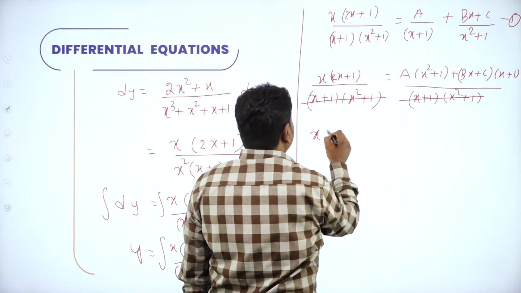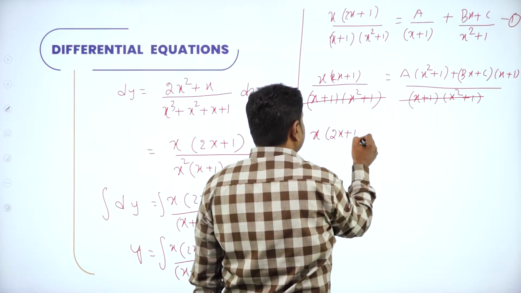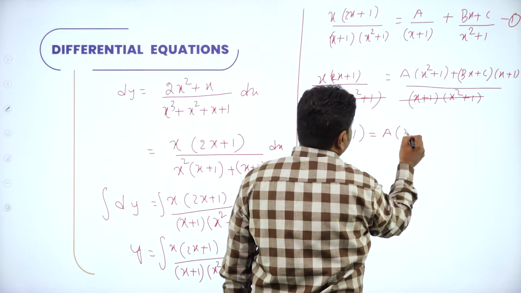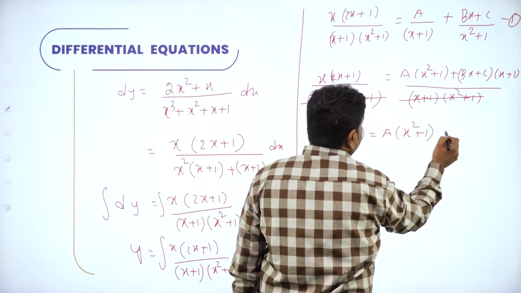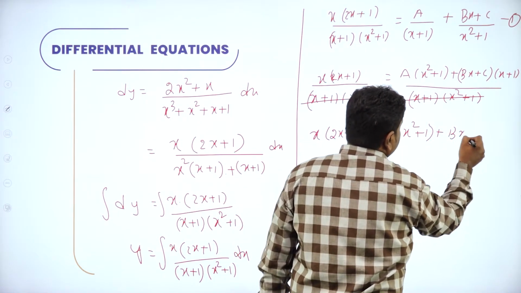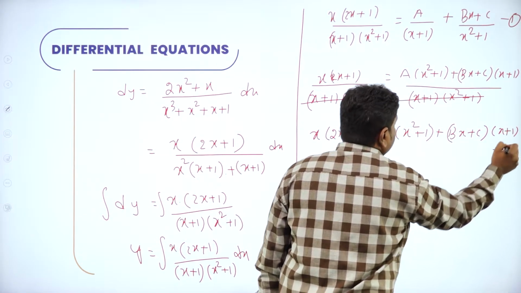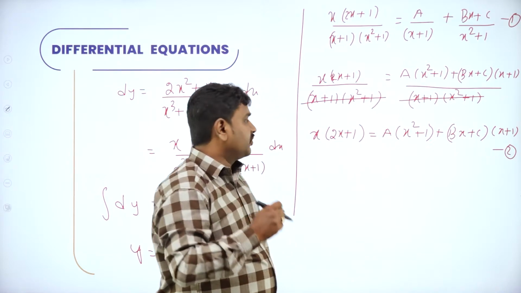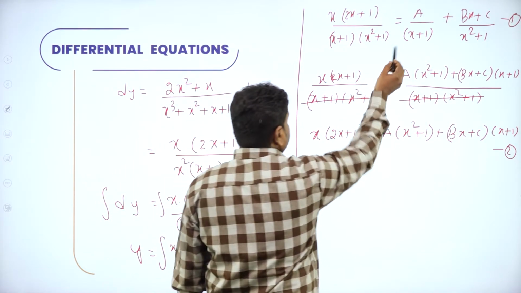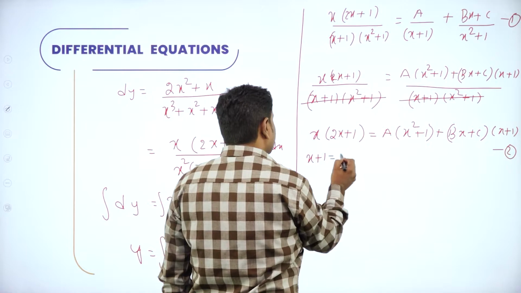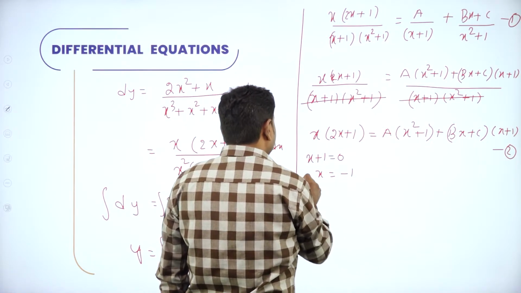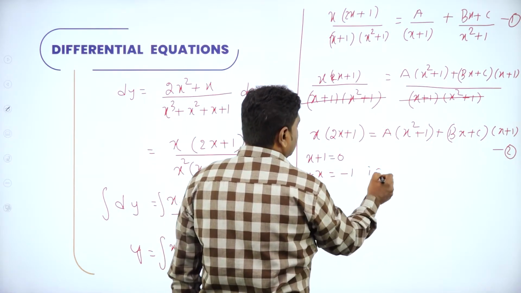We'll get x into 2x plus 1, the numerator, is equal to a into x square plus 1 plus bx plus c into x plus 1. So now at a time, call it as 2. At a time, we have to equate one of the factor to 0. The first factor is x plus 1. If I take x plus 1 is equal to 0, x will become minus 1. Put x is equal to minus 1 in equation 2.